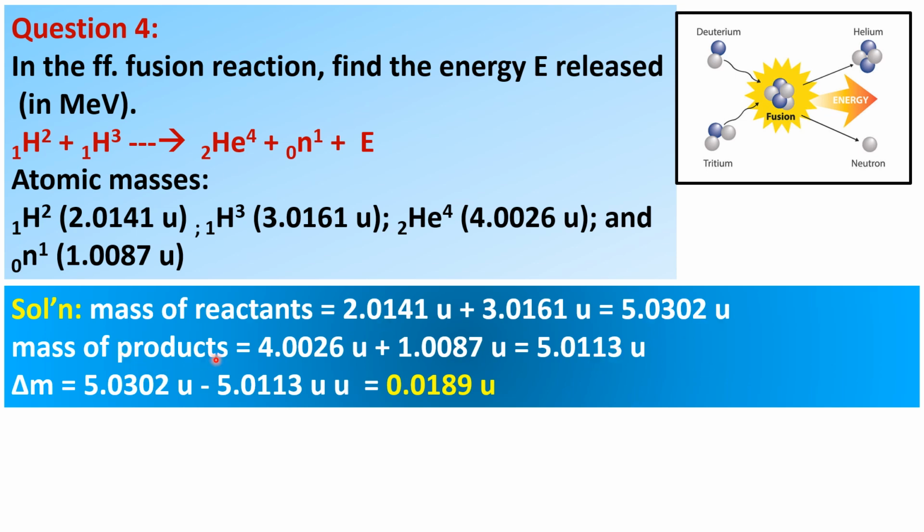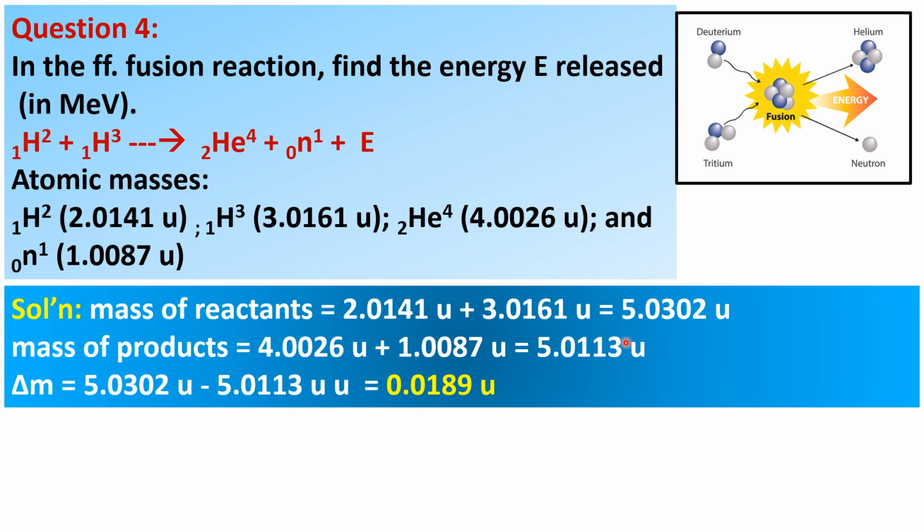And for the final products, we have 4.0026 AMU, which is the mass of an alpha particle, and 1.0087 AMU for a neutron particle, for a total of 5.0113 atomic mass unit.